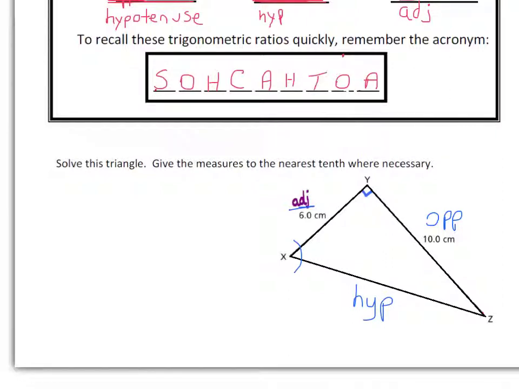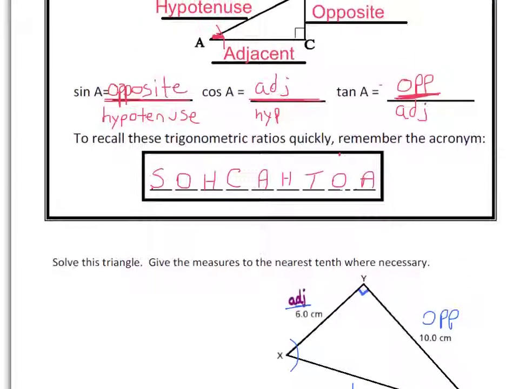So to find angle x, we use the two sides that we know. We have this side and this side, so that's the opposite and the adjacent side, which if we look back up here, opposite and adjacent, that's the tan ratio.